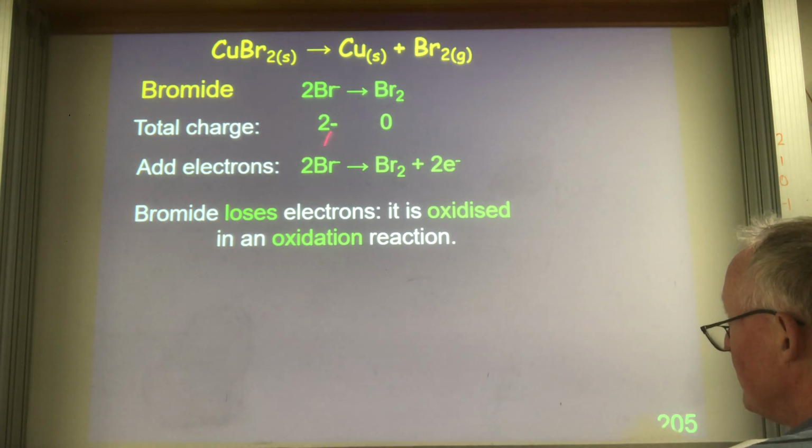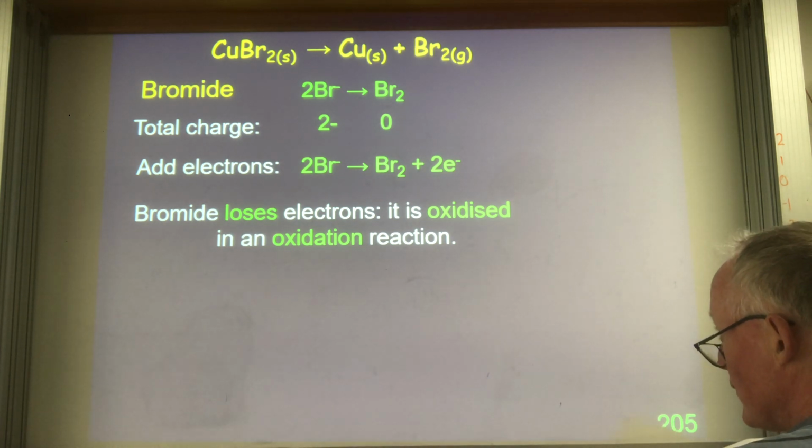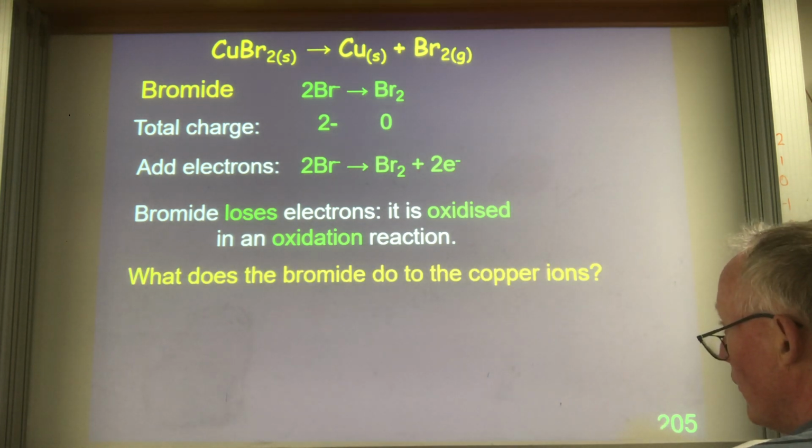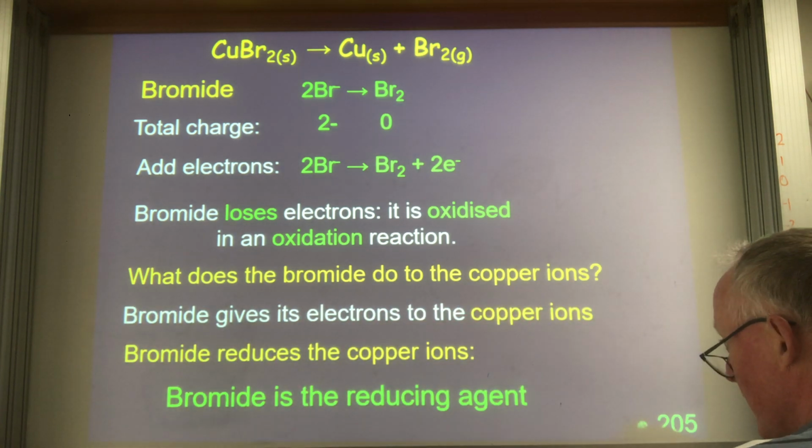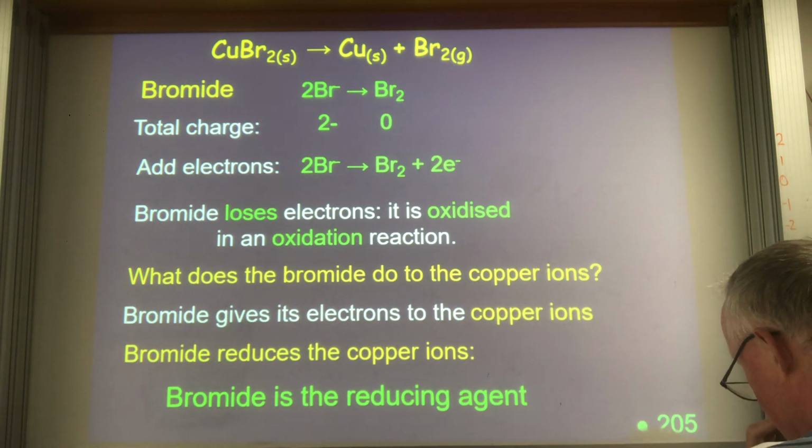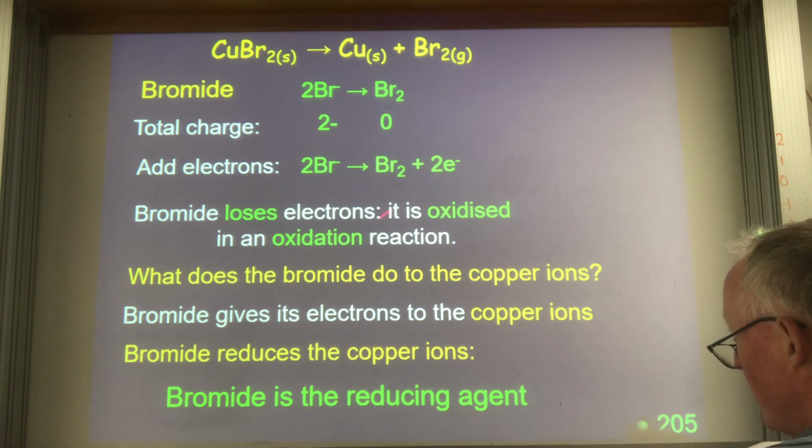So the bromide is forcing the copper ions to be reduced. Therefore, the bromide is the reducing agent. So oxidation refers to what's happening to the bromide itself. Reducing agent talks about what it's doing to the other stuff.